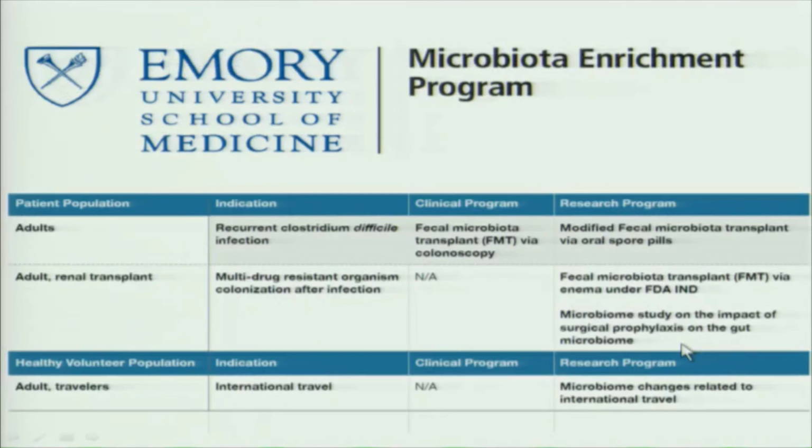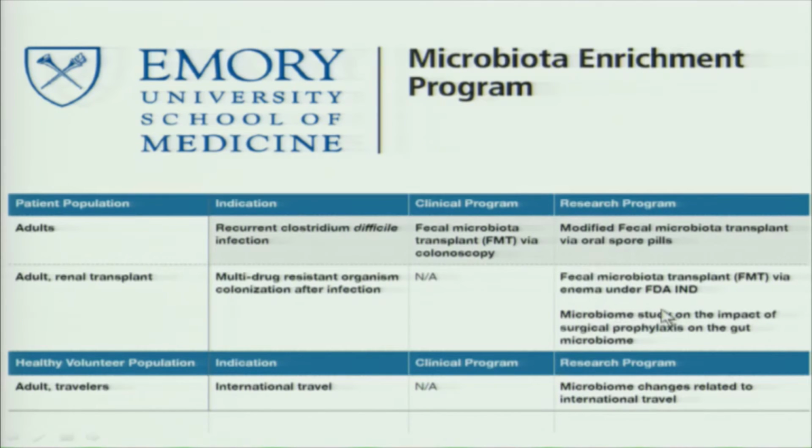So what's Emory doing about all of this? So we've sort of created a microbiota enrichment program. And these are 4 studies that are investigator-initiated from Emory. We're also involved in 3 other industry clinical trials, but I haven't listed those up here. These are all ones that we're doing here. So we're looking at fecal transplant via these oral spore pills, like I've described.